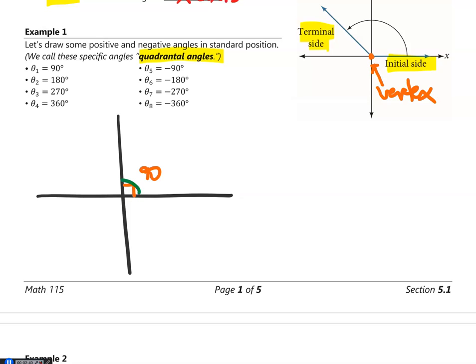So from here to here, that is 180 degrees. Next, 270 degrees. From here to here is 270. And next one, 360 degrees. Here is 360 degrees.